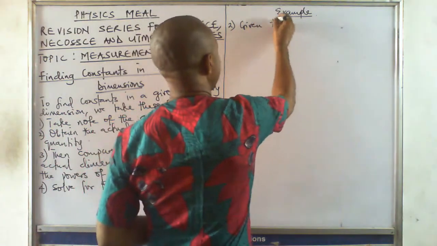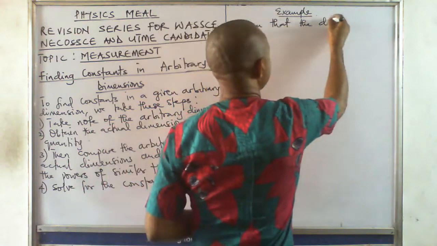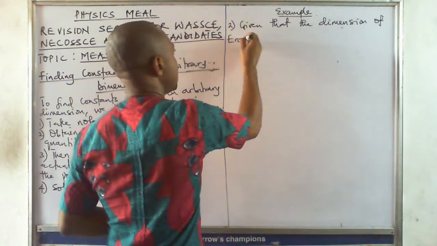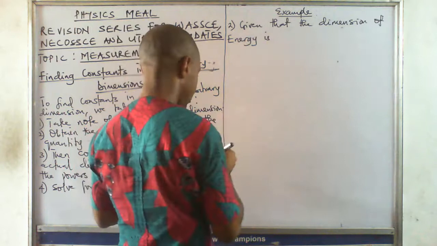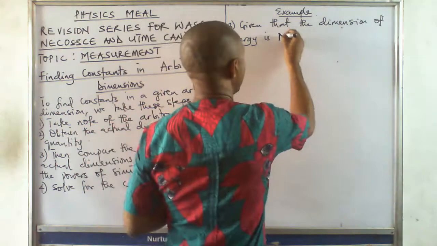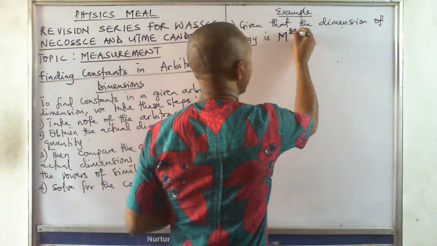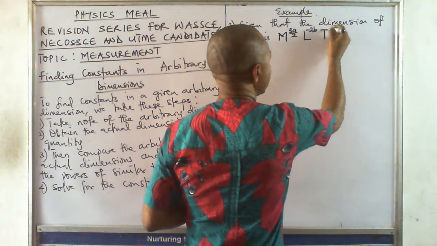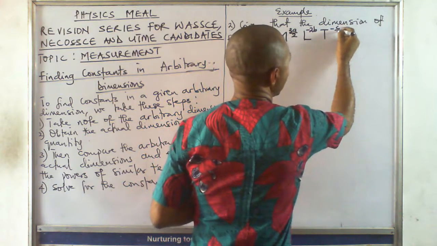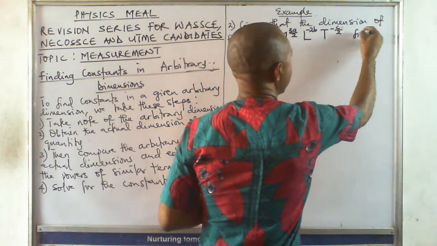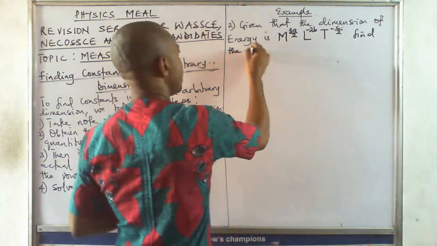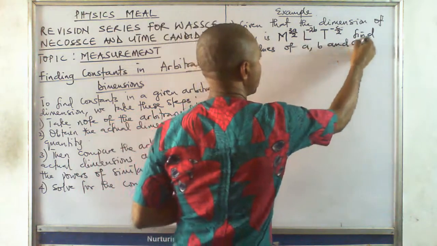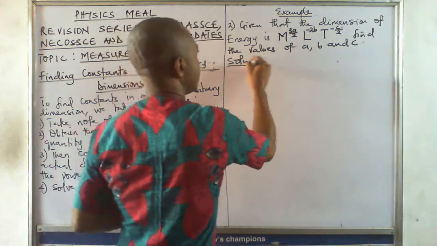Given that the dimension of energy is m to power 3a over 2, L to power -2b, and t to power -c over 2, find the values of A, B, and C. Oh, beautiful.